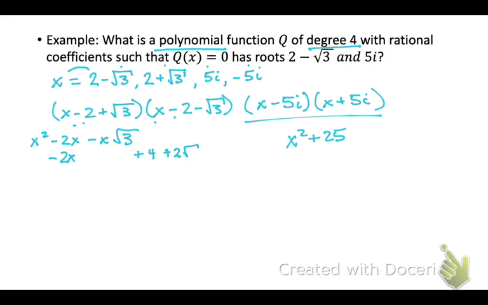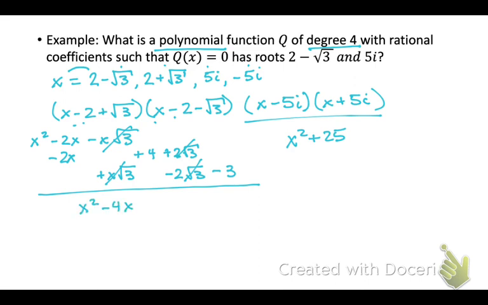Sorry. I was trying to skip. And then I have plus x square root of 3 minus 2 square root of 3. And the square root of 3 times the square root of 3 is 3. I know I did that fast. So x squared minus 4x plus 1.